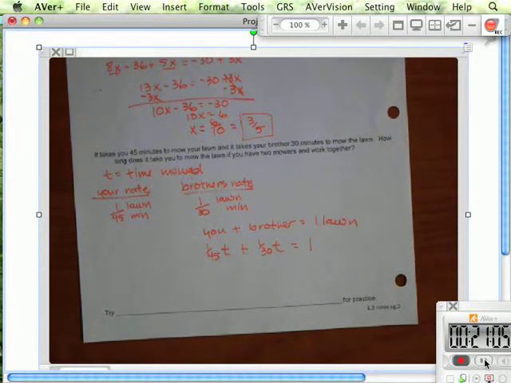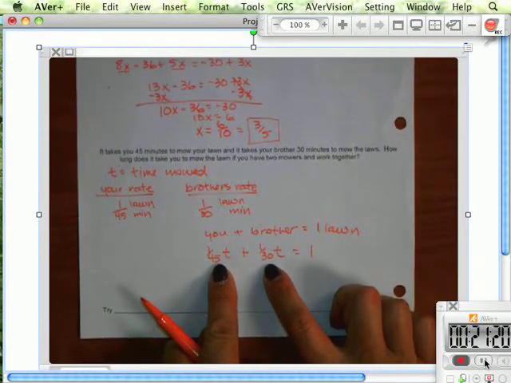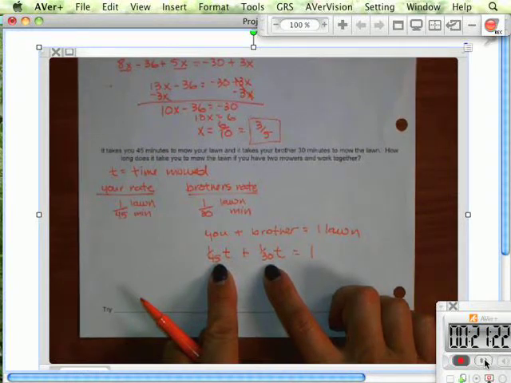So it's kind of like a weird problem. Okay, so here's where clearing fractions is very handy. Do you remember clearing fractions? I want to get rid of those denominators. What do both these numbers go into? They both go into 90, right?